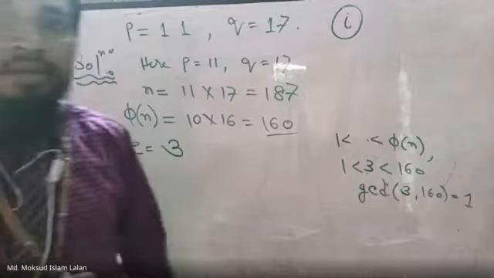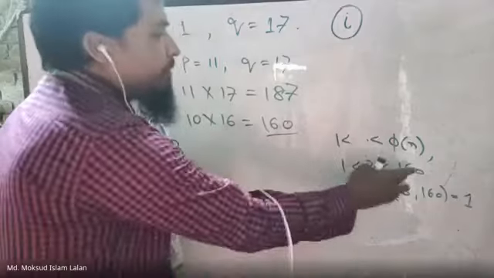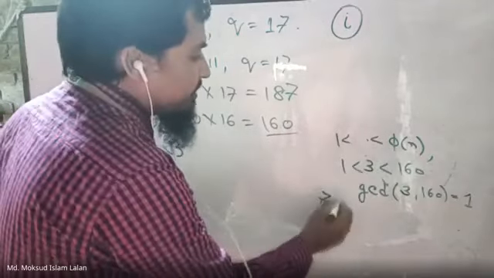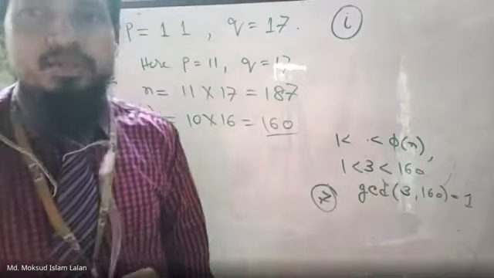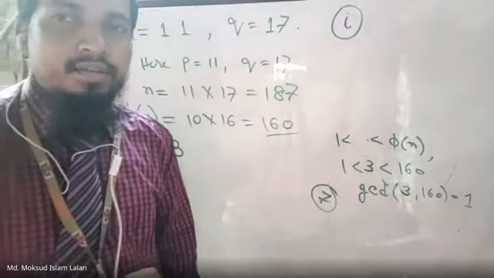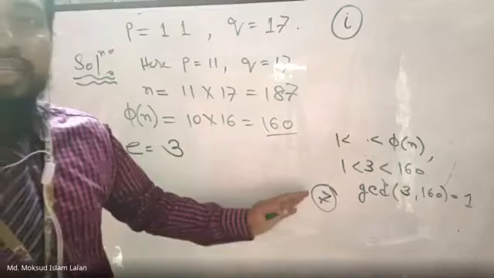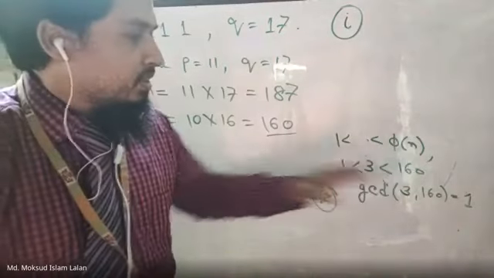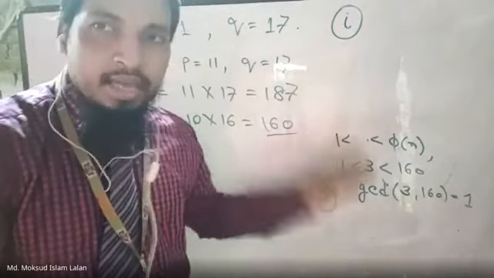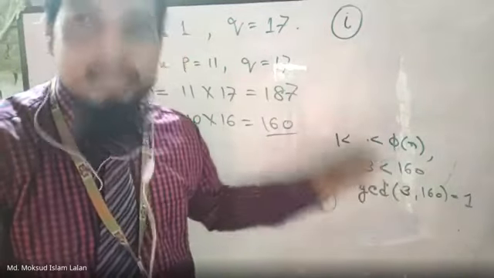So if you consider E as 3, okay, right? You cannot consider 5, but you can consider 7. Also we can consider 7, right? 8 we cannot consider. 9, can you consider? Just check there.